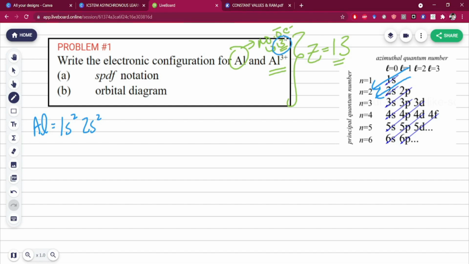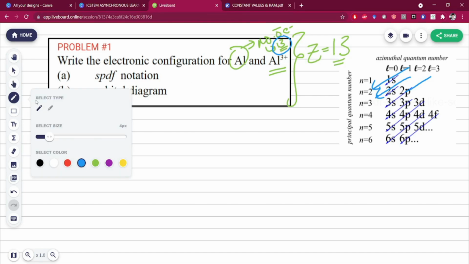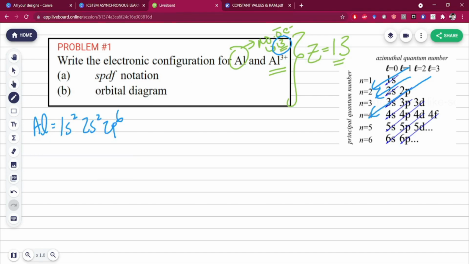Remember, we need to have 13. Then you fill in 2p6. That is 10 electrons: 5, 6, 7, 8, 9, 10. So 13 minus 10, you have another 3. The remaining 3 will be entered in 3s, so you have 3s2. You have another 1, so the other one will be in 3p1.